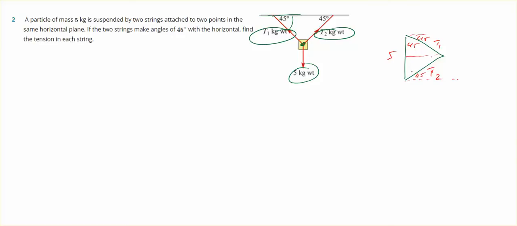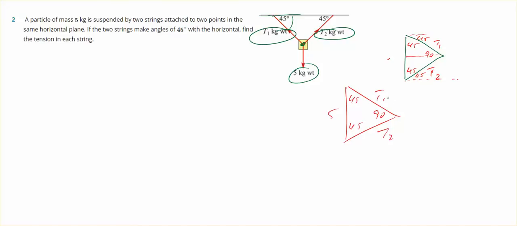So this adds up to 90, so it has to be 45. And knowing that it's a triangle, it adds up to 180, so we've got 45, 45, that has to be 90 degrees. So essentially, drawing the triangle again, we've got 90, 45, 45, and we know that's 5, T2, T1.